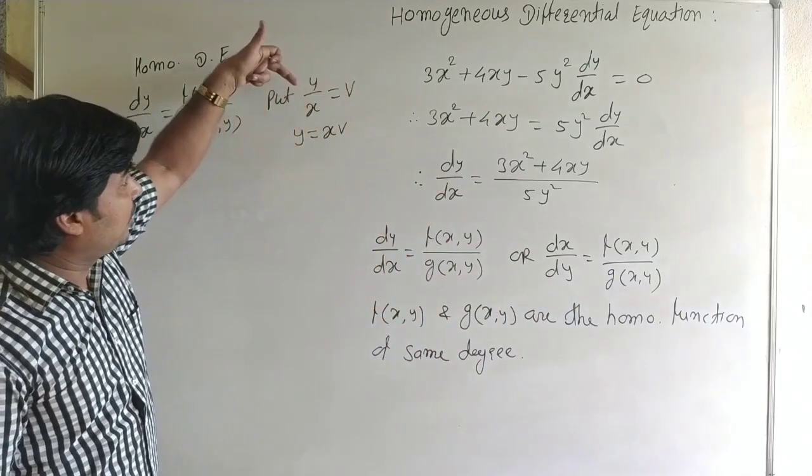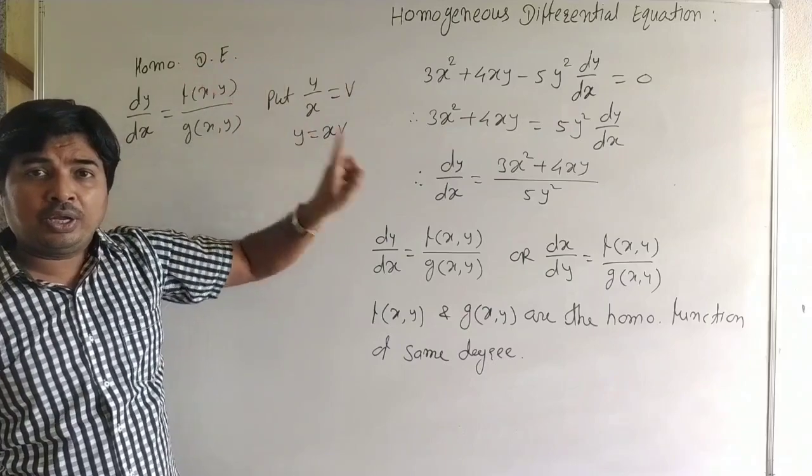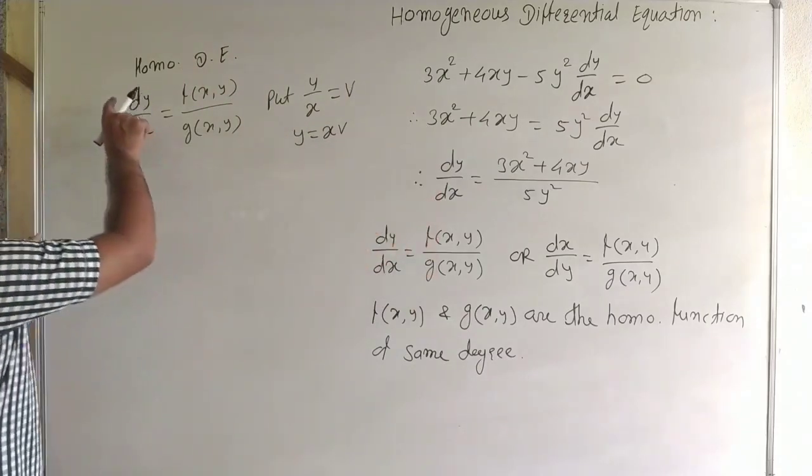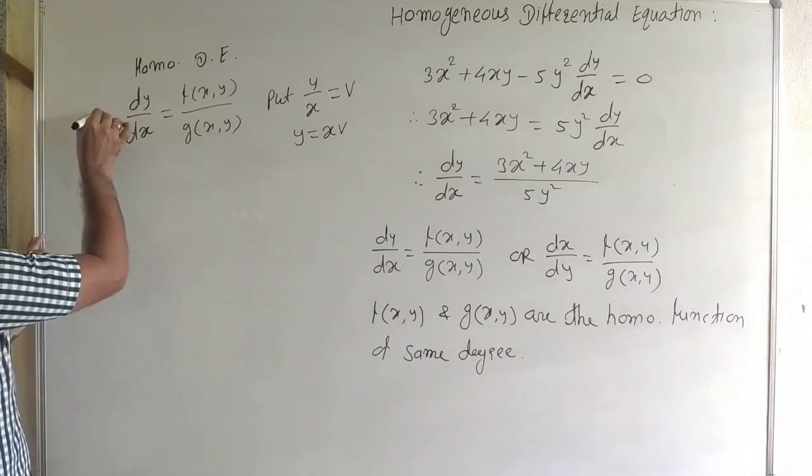See carefully, it is y by x is equal to v when we write dy by dx for the homogeneous differential equation. It is one method.